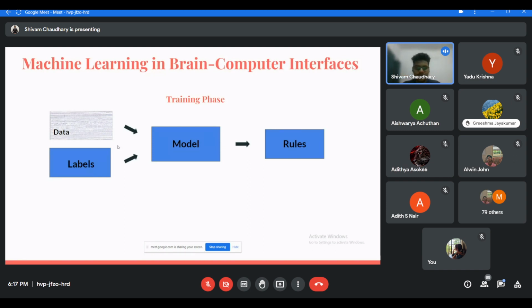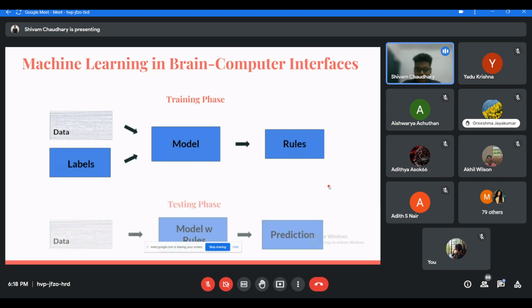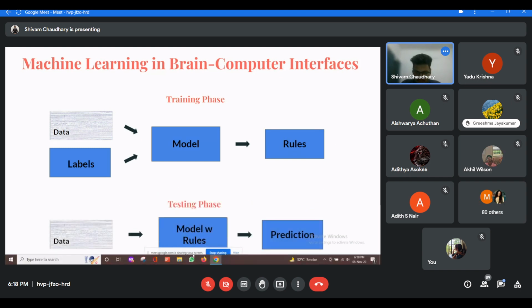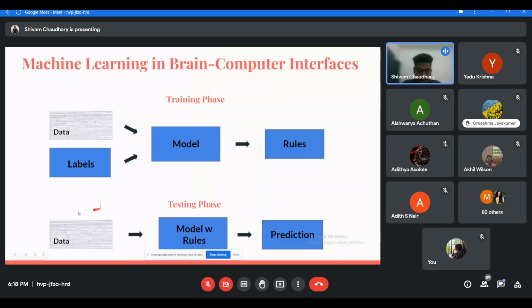You cannot absolutely figure out what's going on, because the raw data is very convoluted. So the model will give out the rules of what it learned and how to differentiate between the two labels. And in the testing phase, you just provide the data with the new rules. It will tell you whether you have opened or closed your hands.